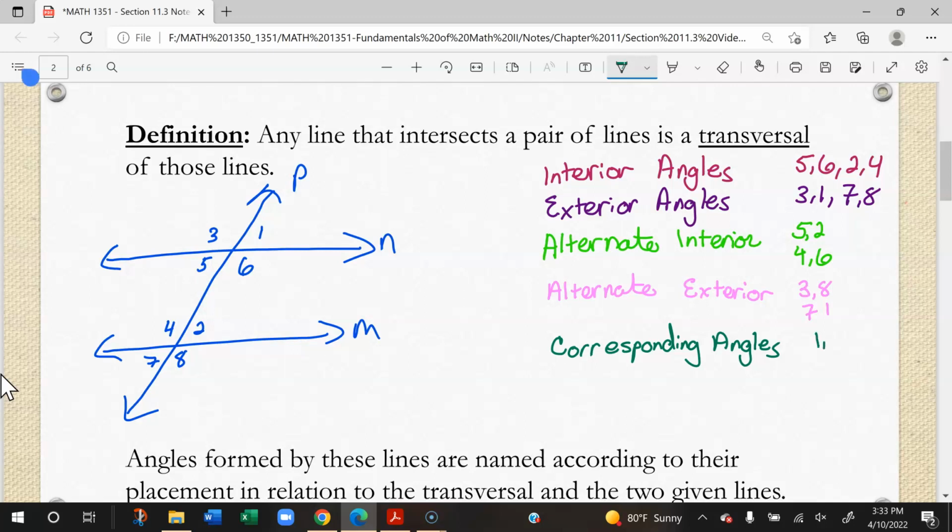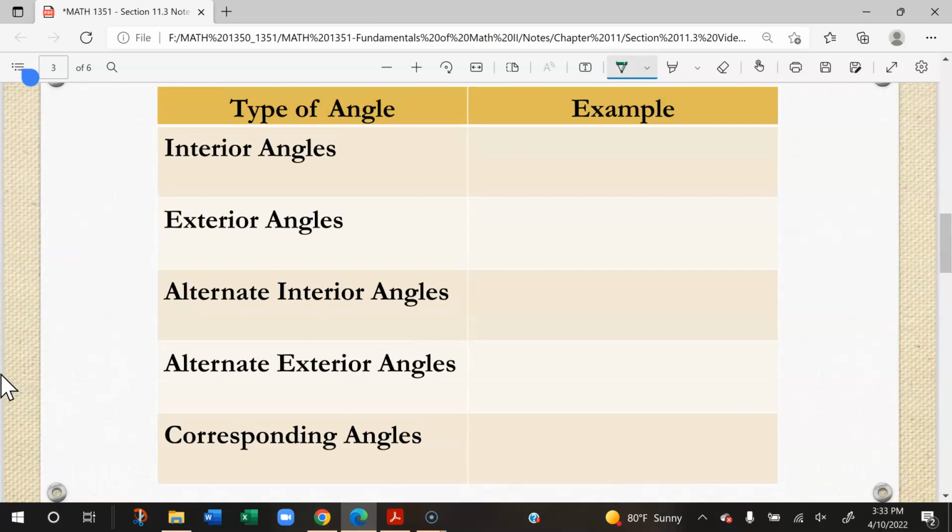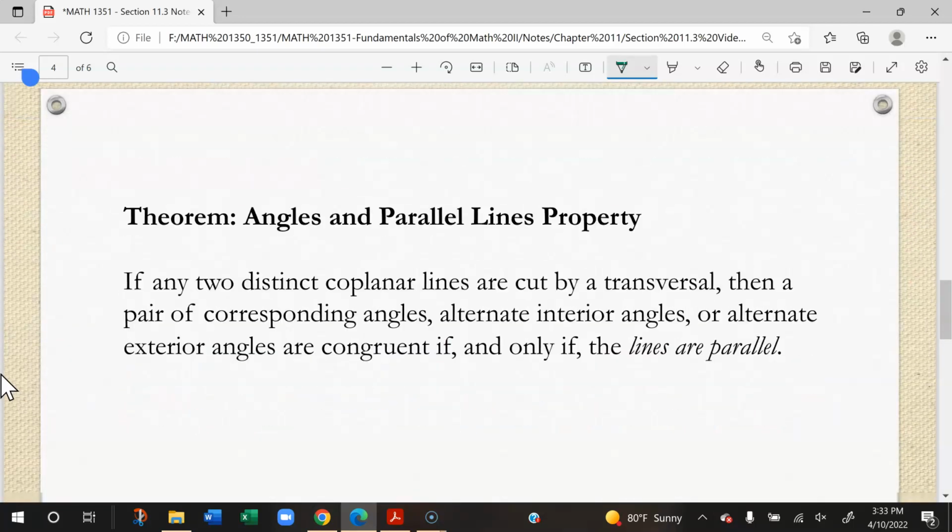So 1 and 2 are corresponding angles. 6 and 8 are in the lower right, so they would be corresponding angles. 3 and 4, 5 and 7 would be corresponding angles. And so I basically filled out this table just on the other page so that we could see it a little bit easier.